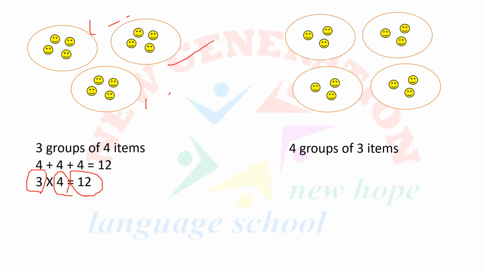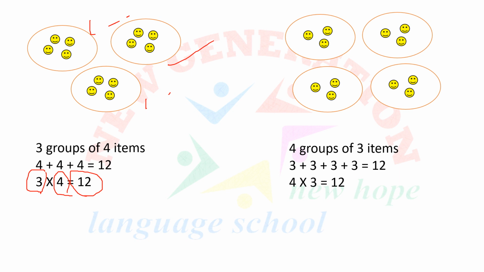I add the number of items inside one group to itself. But how many times? The number of times equals the number of groups. So 3 plus 3 plus 3 plus 3, 4 times equals 12. So 4 times 3 equals 12.